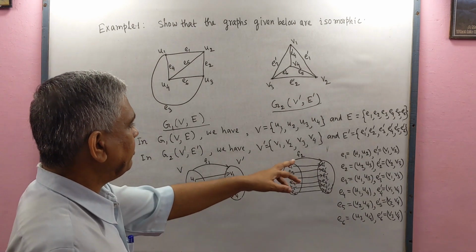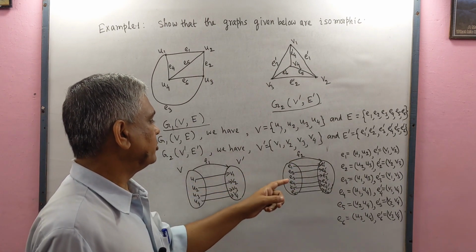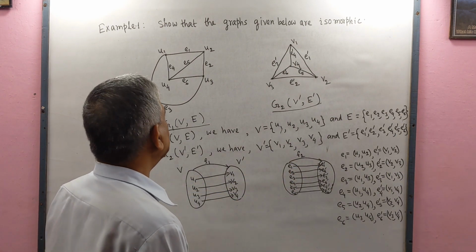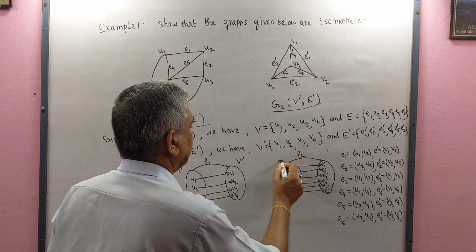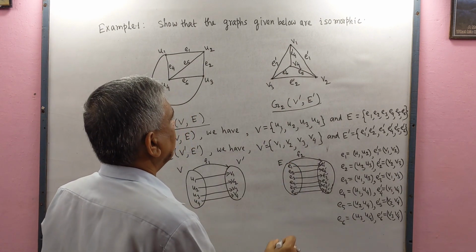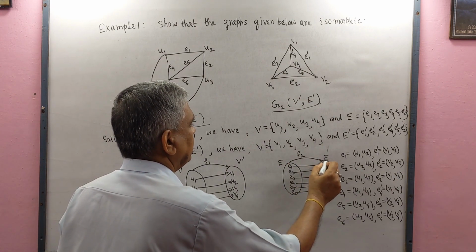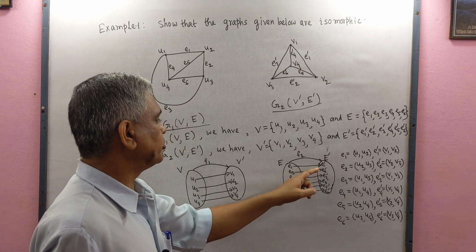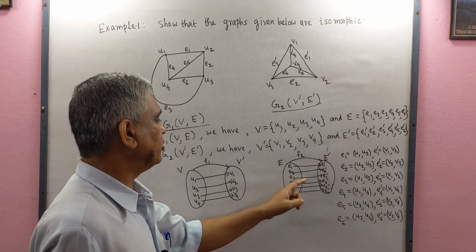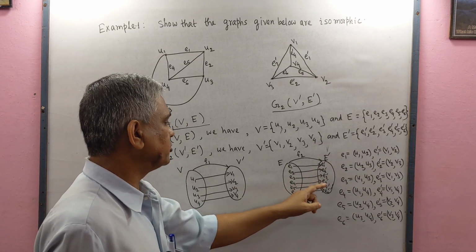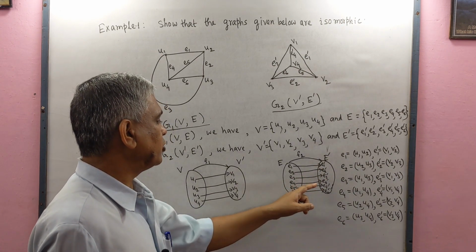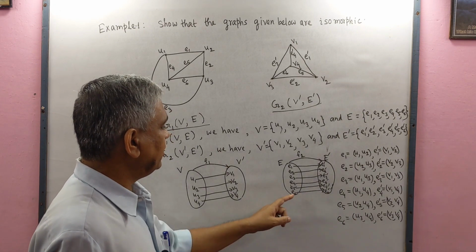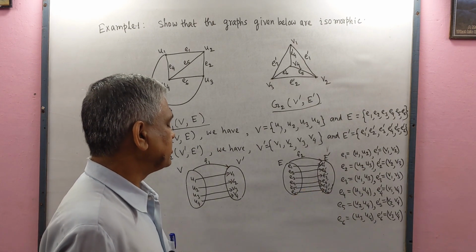Similarly, f2 is another function in which we get the edge set E and here the edge set E'. E1 corresponds to E1', E2 corresponds to E2', E3 corresponds to E3', E4 corresponds to E4', E5 corresponds to E5', E6 corresponds to E6'.